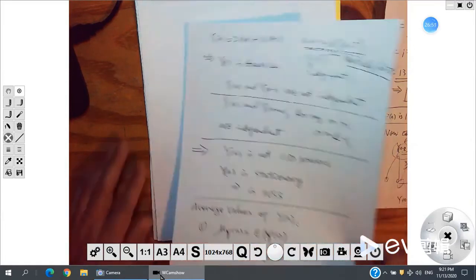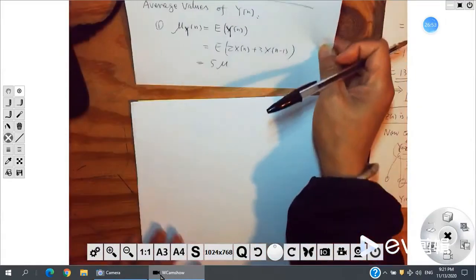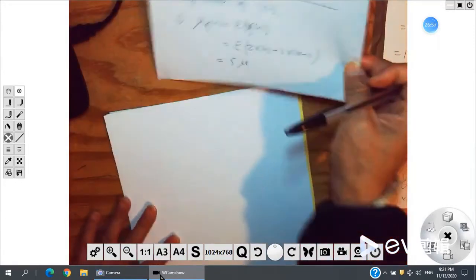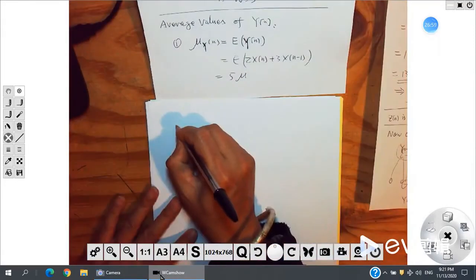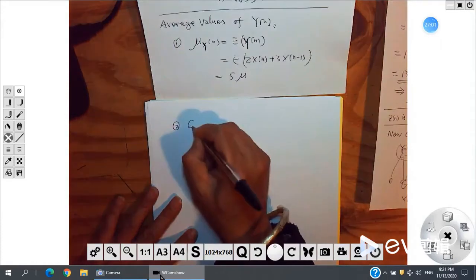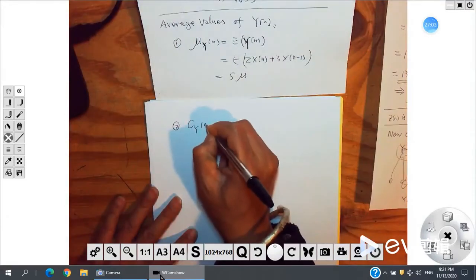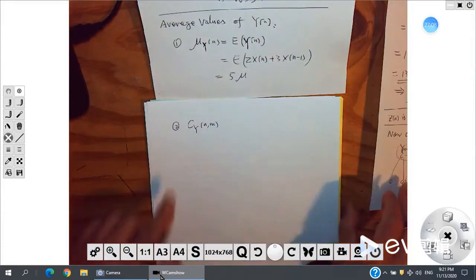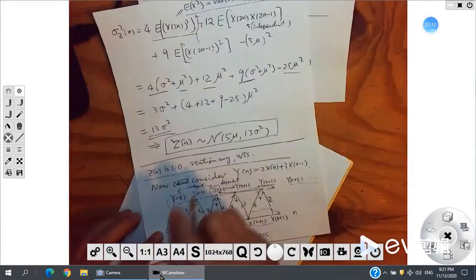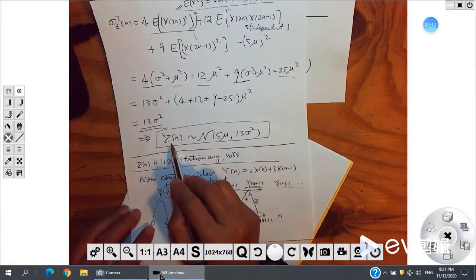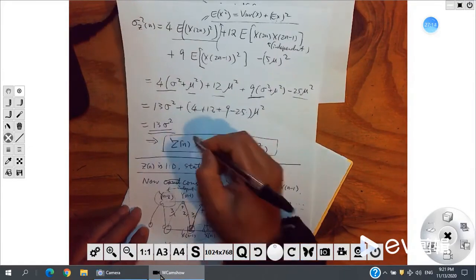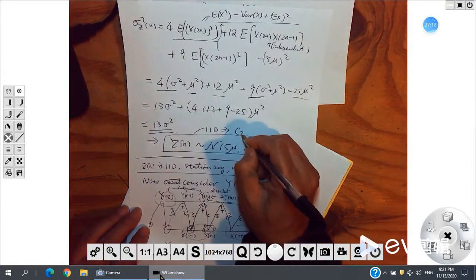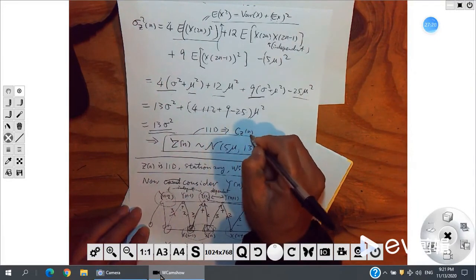Then the covariance C. Second one, we consider the C y of n and m. For the previous example for z, because this is IID, we can have C z of n and m.